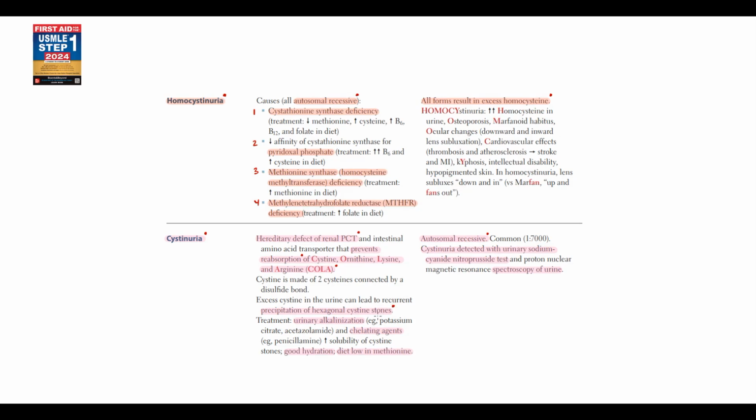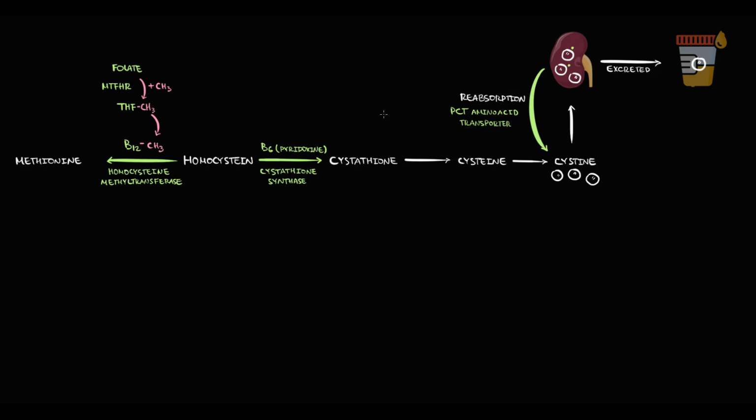So, let's explain the pathogenesis of cystinuria. In cystinuria, proximal convoluted tubule amino acid transporter does not work. As a result, we cannot reabsorb cystine from the kidney tubules. This causes increase in cystine concentration in the urine, and increase in cystine concentration in the urine we call cystinuria.